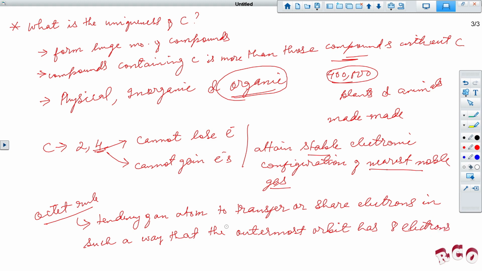So it is the tendency of forming a bond.